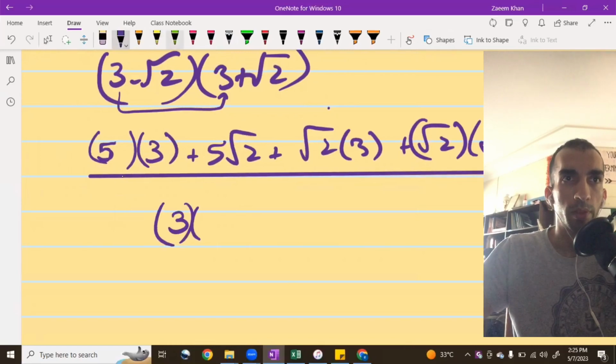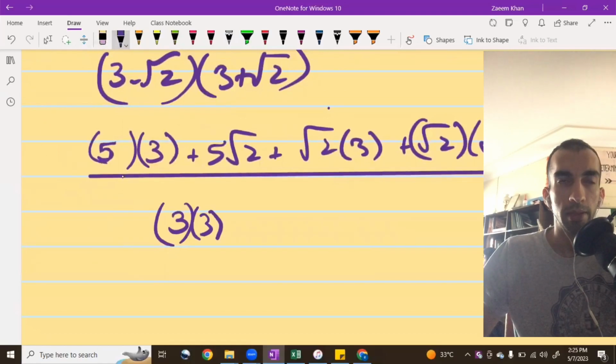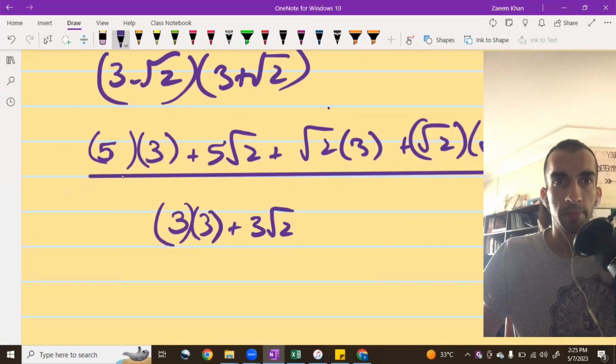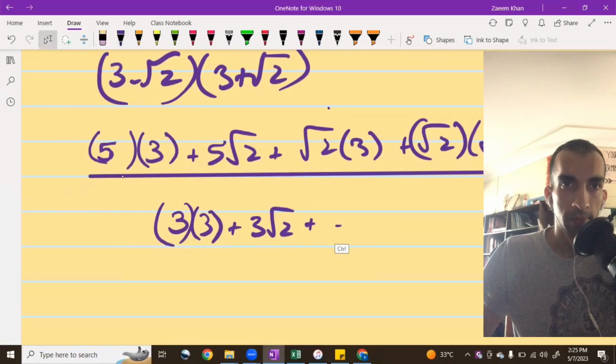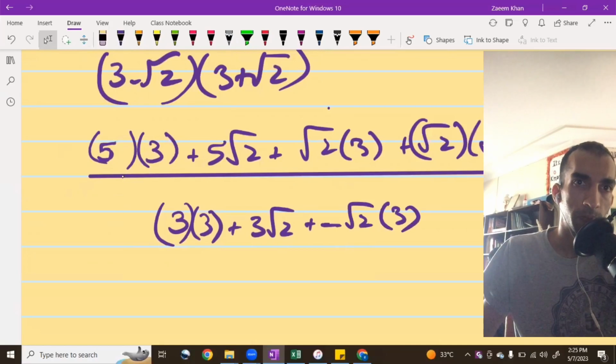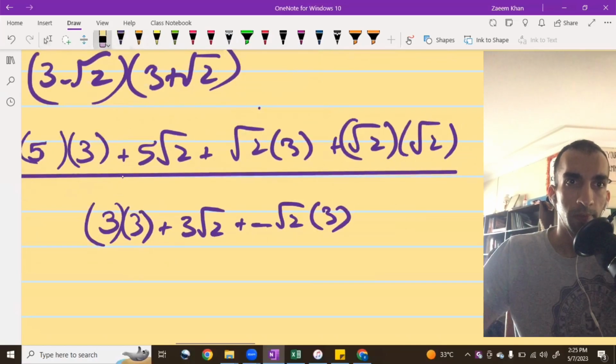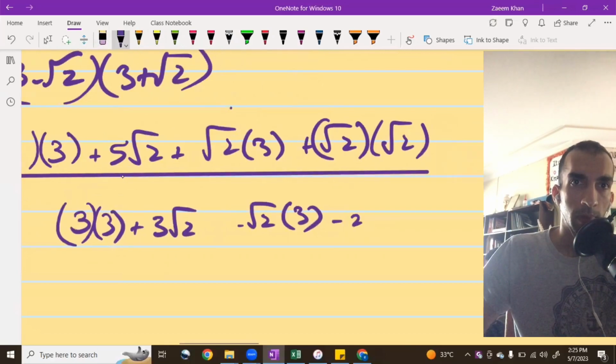And then minus square root of 2 times 3. And then minus square root of 2 times square root of 2. Excellent.